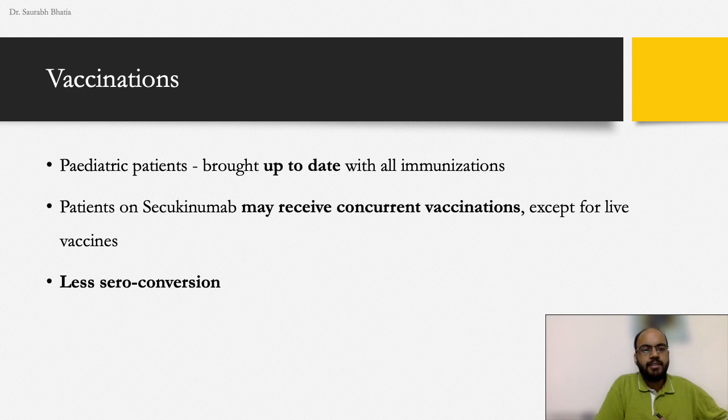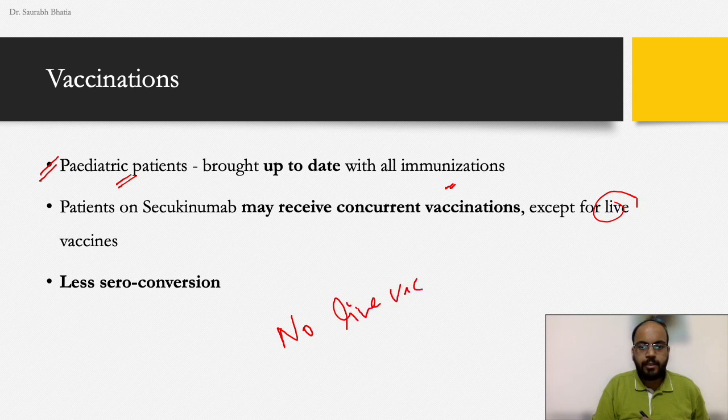Regarding vaccinations, all pediatric patients, although it is not approved for any kind of pediatric indications, should be brought up to date with all immunizations. Patients may receive vaccines, but they cannot receive live vaccines. Remember, no live vaccines. Only killed vaccines or subunit vaccines are okay.